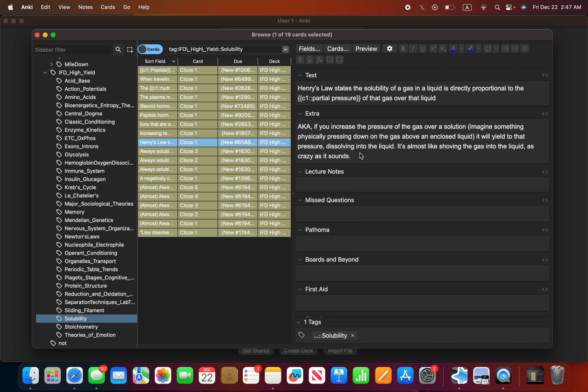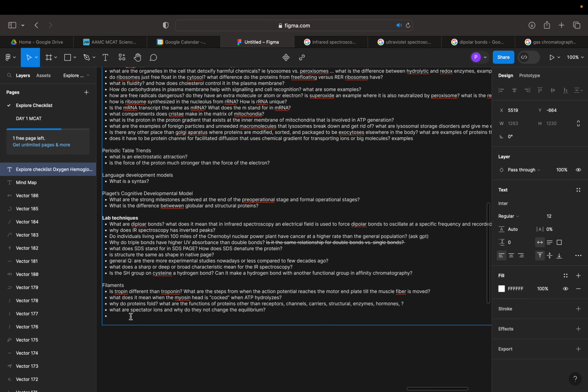If the liquid is water and you're shoving oxygen, how do the oxygen molecules go in between the water molecules? Into the liquid through pressure.